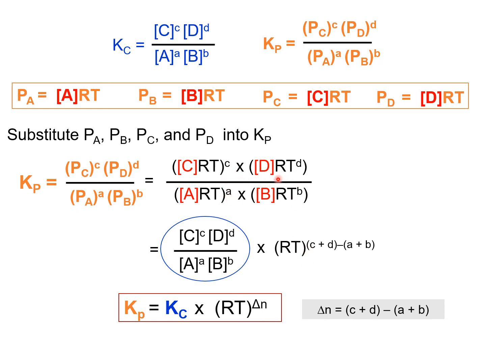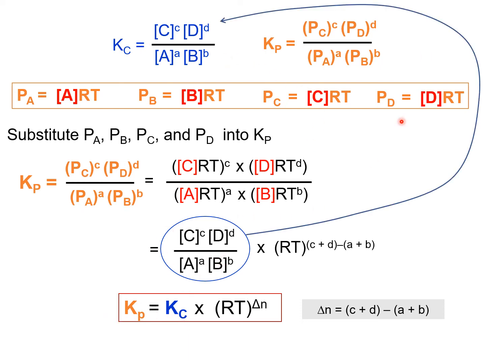So C dengan D, kalau let's say stoichiometric coefficient di atas ni is going to be plus because kali kan, kalau bahagi tolak A and B. Okay, so what we can conclude here is when you want to relate Kp and Kc together, you can use this equation. Kp is equals to Kc because this one is Kc expression. Okay, so Kp is equals to Kc times with RT to the power of delta n.